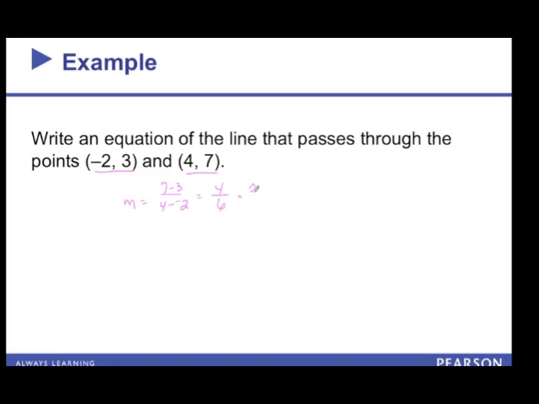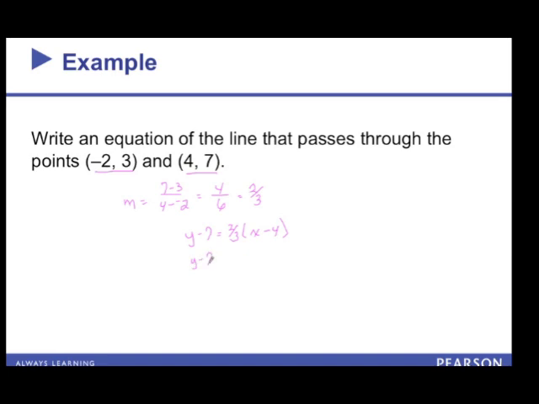And of course we reduce to 2/3. Now we can use either of these points. So y minus 7 equals 2/3 times x minus 4. Do make sure you use the values from the same ordered pair.